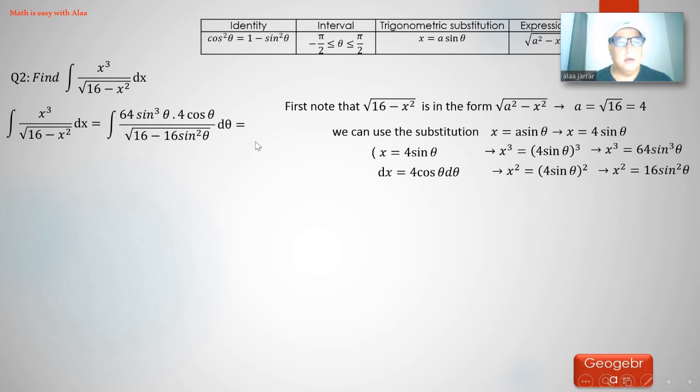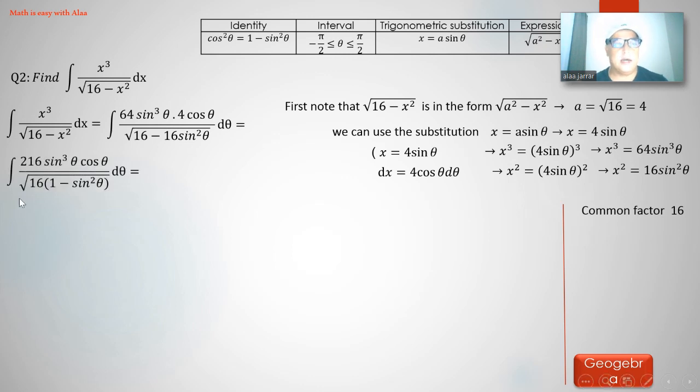Now, in the antiderivative here, we will take the 16 inside the square root as a common factor. We will get the antiderivative of 256 sine cubed theta cosine theta over the square root of 16 multiplied by (1 minus sine squared theta) d theta, and we get 256 from 64 times 4.